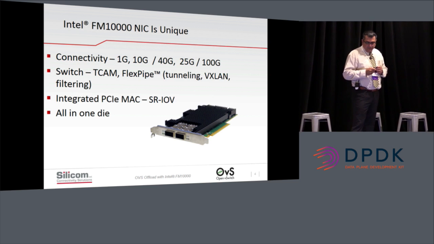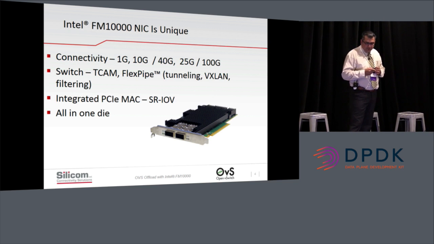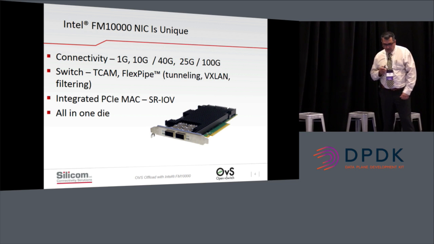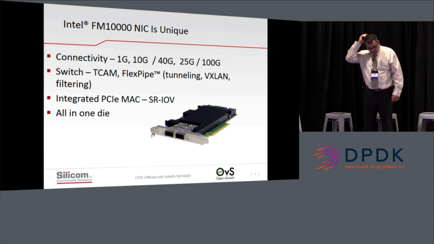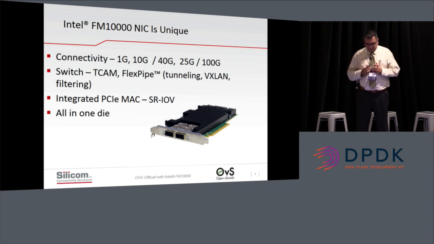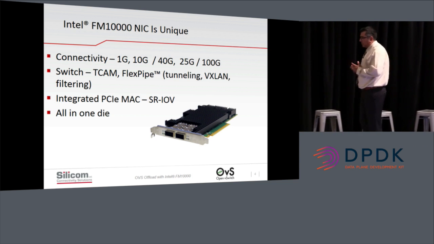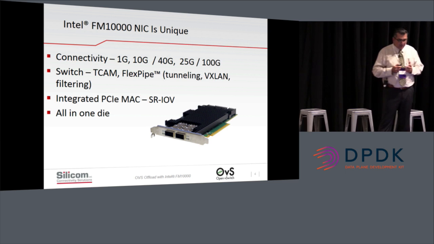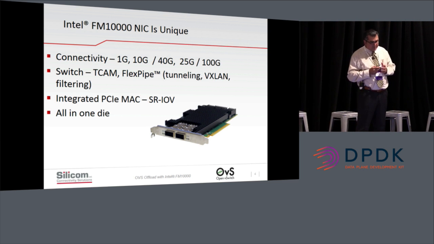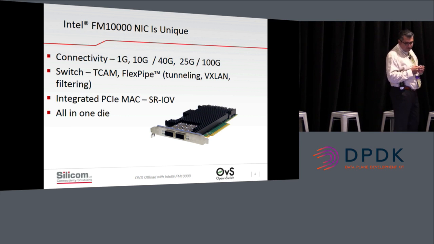So the latest and greatest FM10K made it possible for us to take this condensed technology that has a very large flexibility and put it in a NIC that has more or less the same functionality that we're used to, but at a much higher scale.